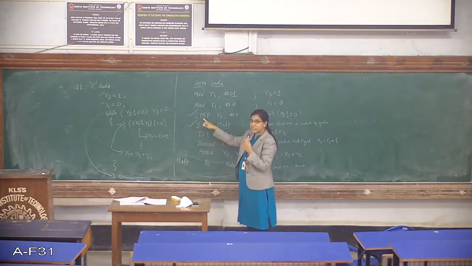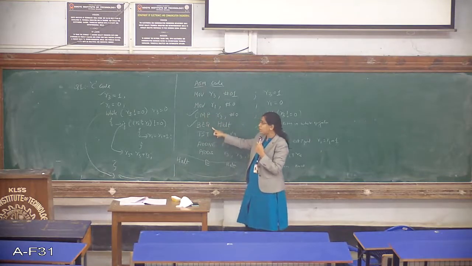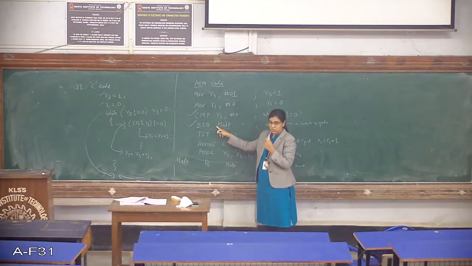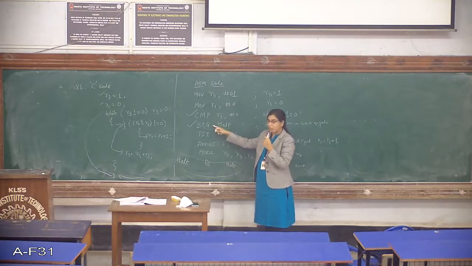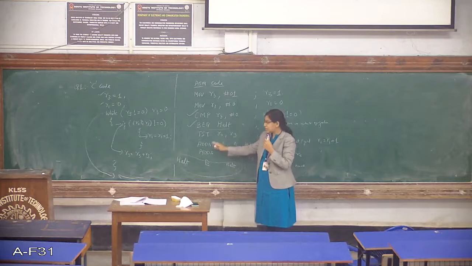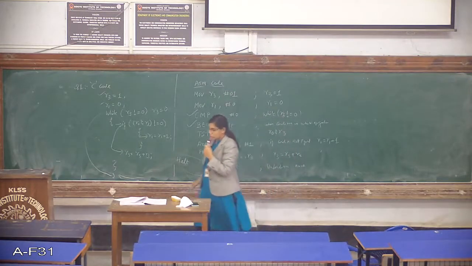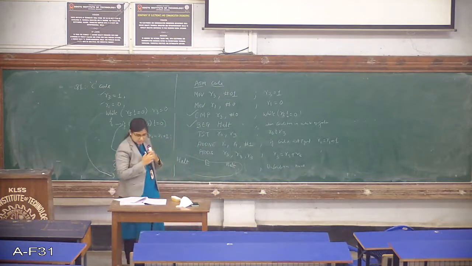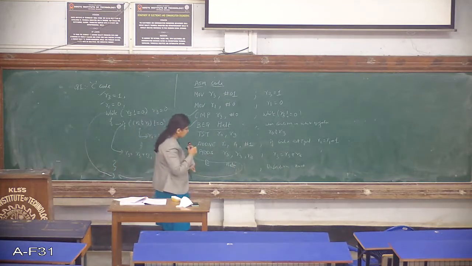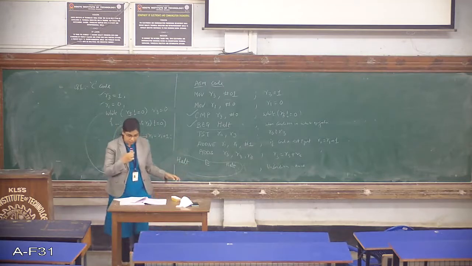After the move instruction, you are going to have a compare instruction, and then you are going to have a branch equal instruction. So just make those changes in the document which has been circulated in the WhatsApp group. Just write these two instructions, and after that comes your TST and all the rest of the instructions. I think the last instruction is also not mentioned, so you can just mention that last instruction here.